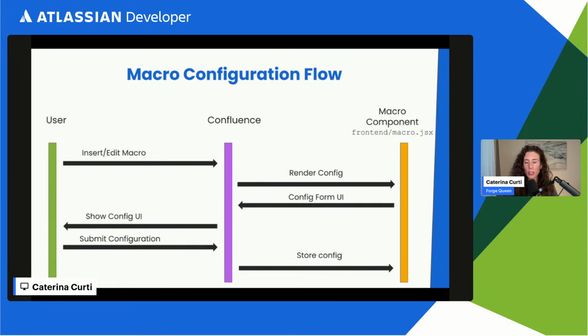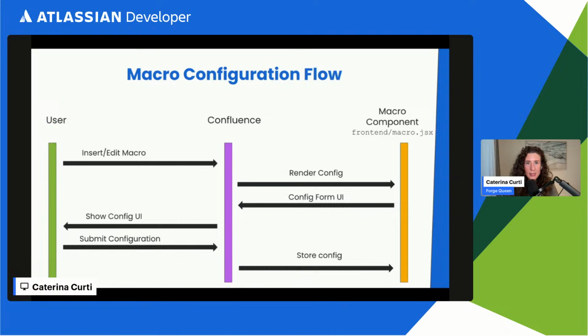So let's check the macro configuration flow. Your user will insert or edit the macro, and Confluence will then render the config, which is defined in our macro component. So the configuration is still defined in the same file as our macro, the same that we were talking about in the macro rendering flow.